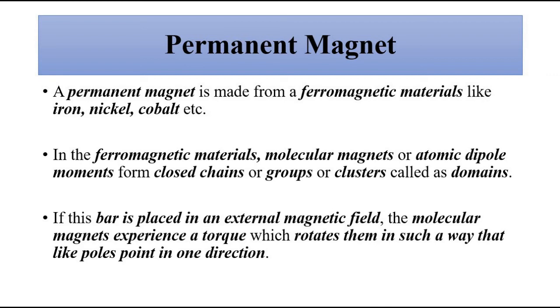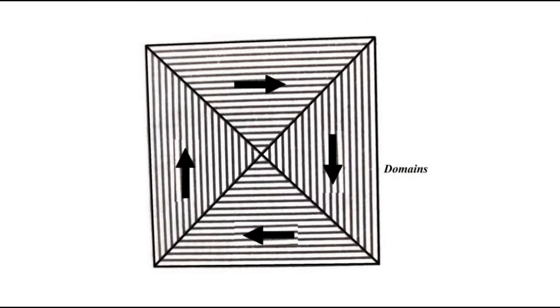because of the phenomenon that the magnetic dipole moments in ferromagnetic materials form closed groups called clusters or domains. This arrowhead represents a grouping of magnetic dipole moments, which we have covered in the ferromagnetic material video also.